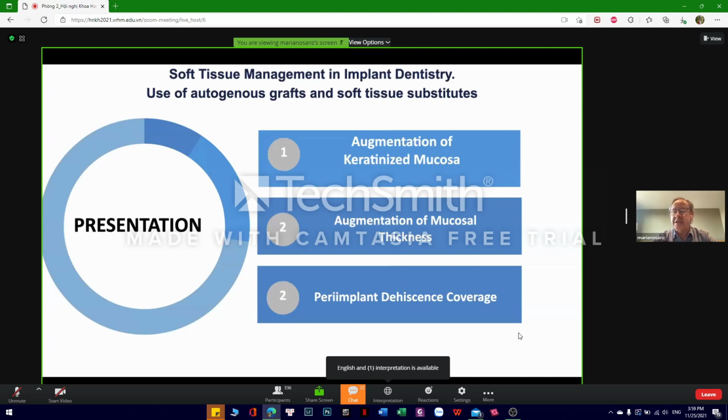Second, I will discuss the importance of a certain thickness of the peri-implant mucosa and the different techniques that we have to augment the thickness of the peri-implant mucosa. Third and finally, I will discuss the importance of the coverage of peri-implant dehiscences in those situations when there is a loss of the height of the peri-implant tissues.